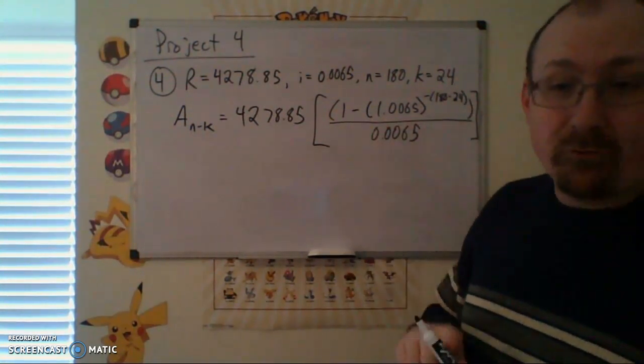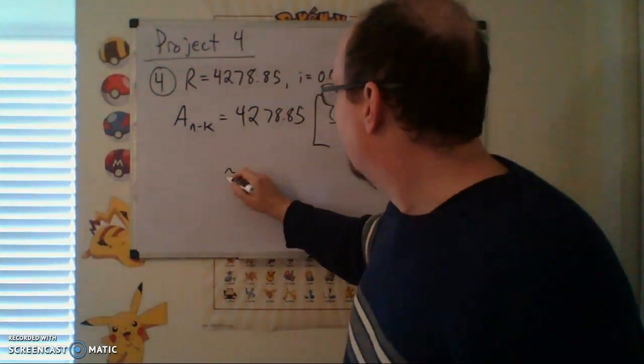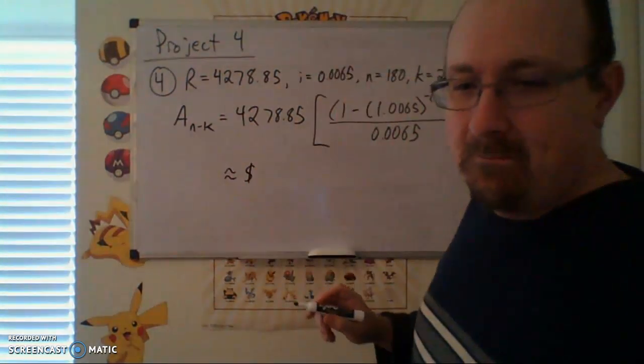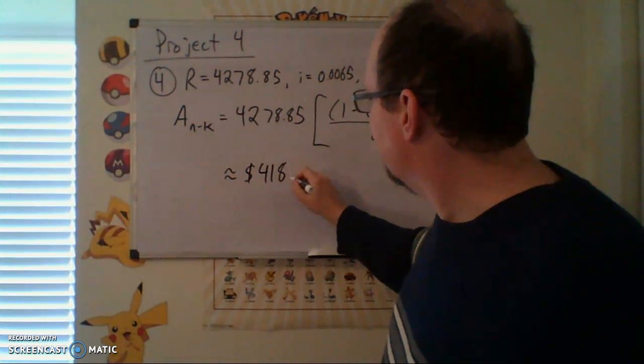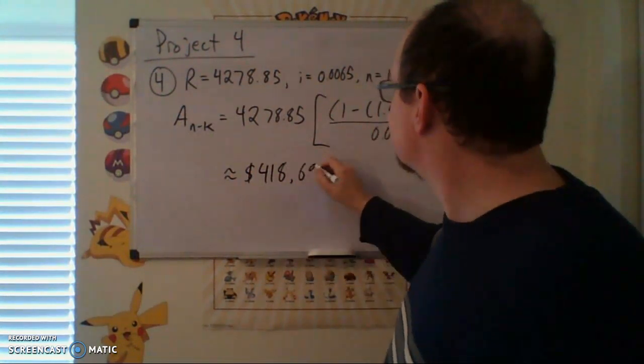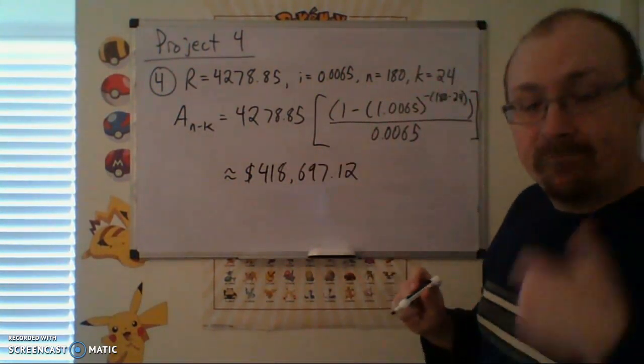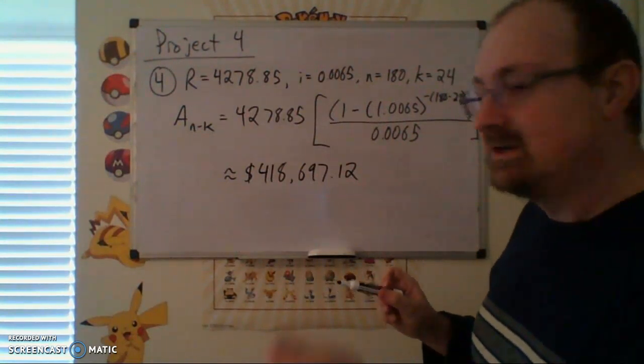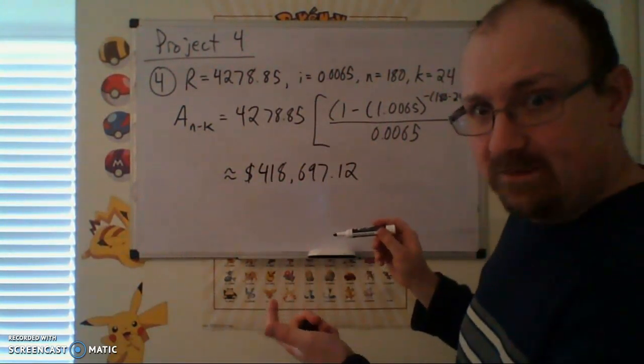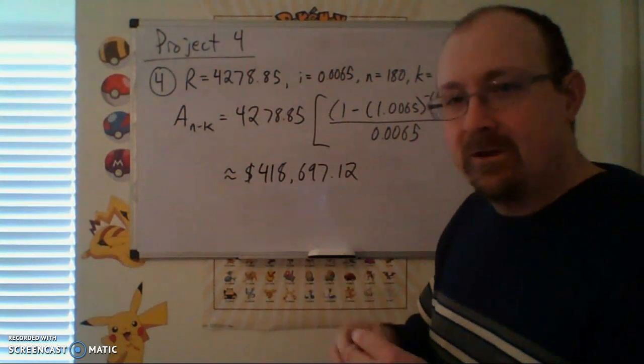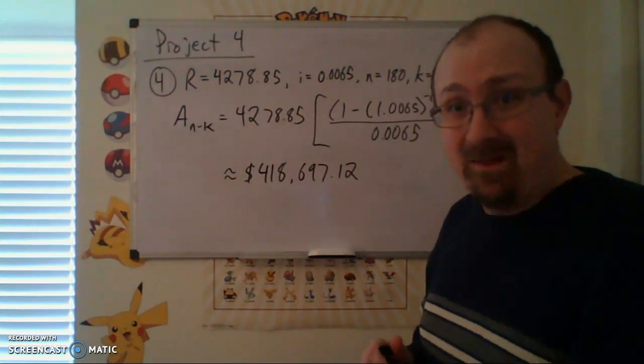Anyway, when you work through all of the calculations here, to the nearest penny, the unpaid balance that I end up with is 418,697.12. So after 2 years of payments, that's what we're looking at in terms of how much we need to pay off. Okay, so there's our unpaid balance.